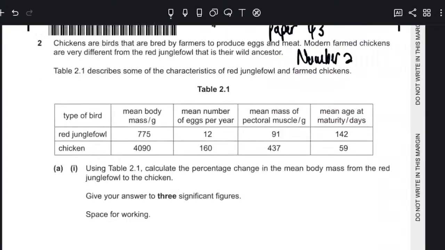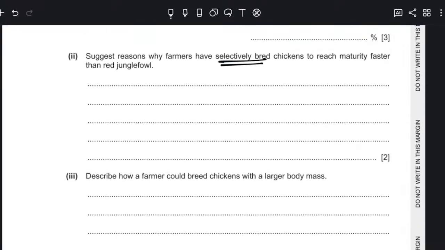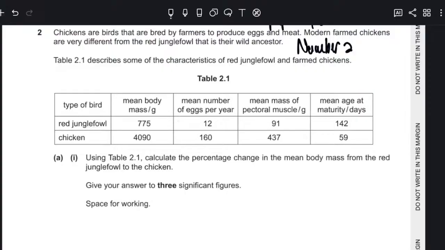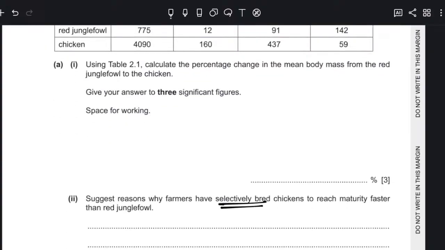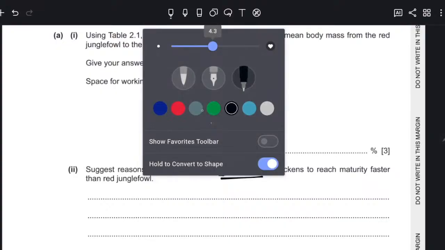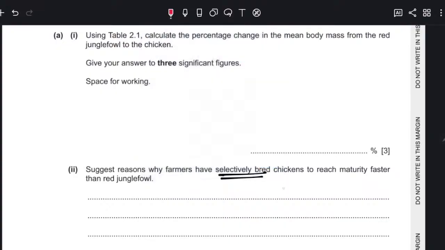Let's see what type of question they're going to ask. Suggest reasons why farmers selectively... No, you can go through it with me. Let's go. It's fine. Selective breeding. We know what selective breeding is all about. If you see, suggest reasons why farmers have selectively bred chickens to reach maturity faster.